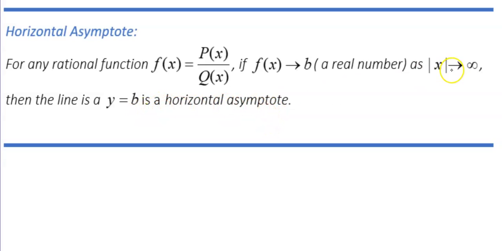As x gets incredibly big, what is the value that f of x will approach?